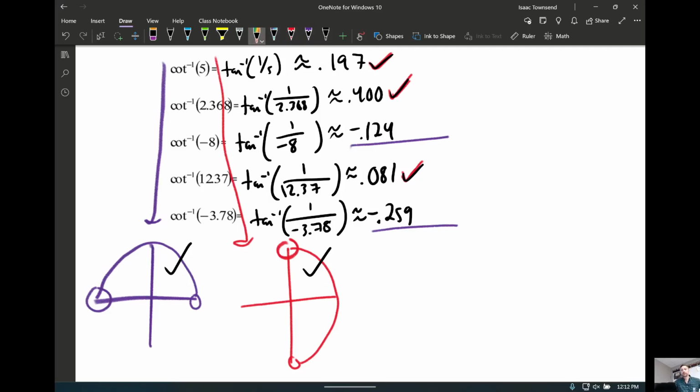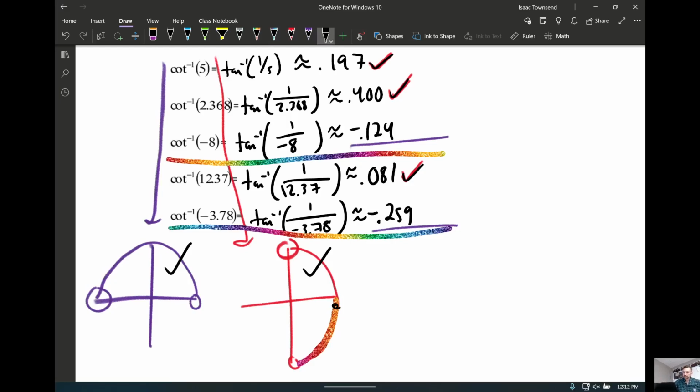But when you do inverse cotangent of something negative, the way we have to type this in our calculator is giving me an answer in quadrant 4, but the original question is only supposed to have answers in 1 or 2. So like this one, negative 1.24 is almost at 0.